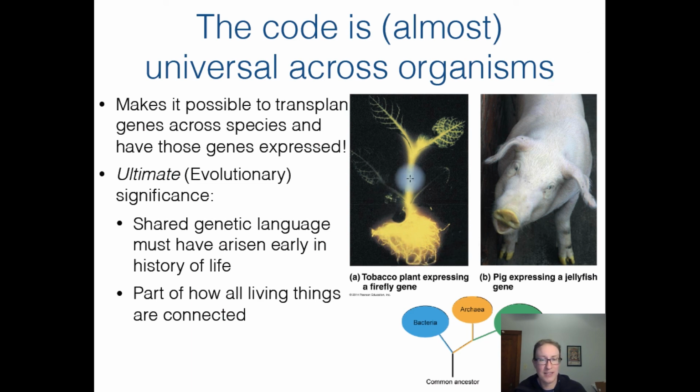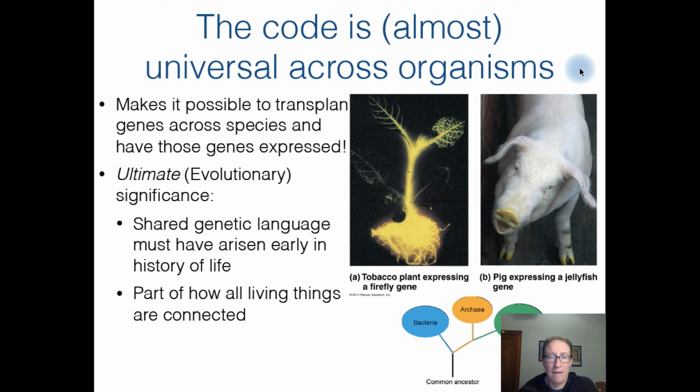Here's a tobacco plant that's expressing a gene from a firefly, the gene luciferase, that makes fireflies glow. And then here's another example of a pig that's expressing a gene from a jellyfish that also makes the jellyfish glow, a green fluorescent protein.